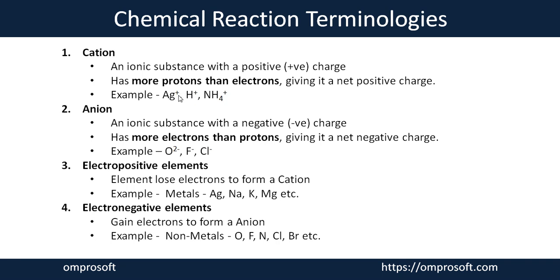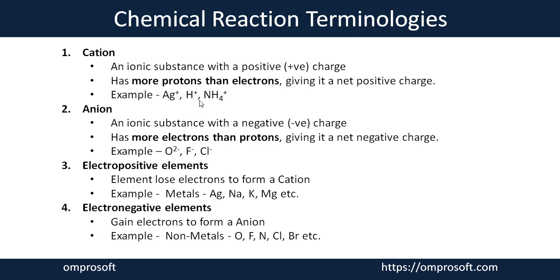Automatically, as compared to the number of protons and electrons, they have one more proton than electrons in their structure. Consider hydrogen. Hydrogen's atomic number is 1, so it has only one proton and one electron in its structure. If this one electron is given to another substance, now it has only one proton, and the proton has positive charge, which is represented here.